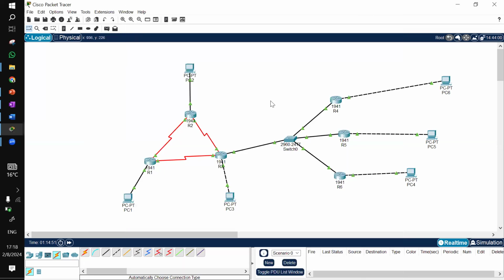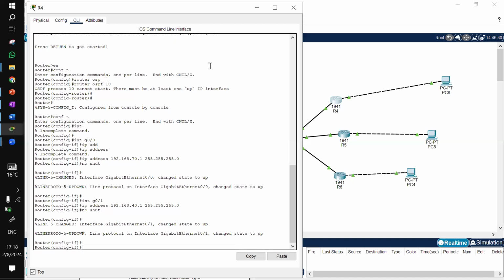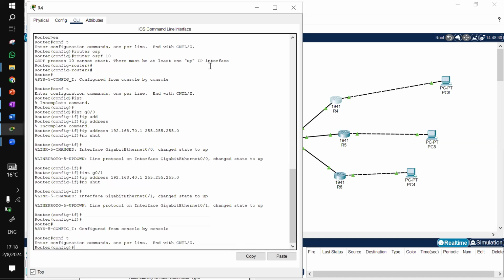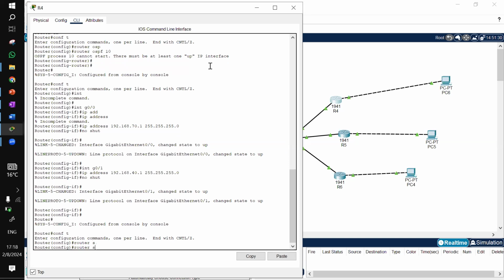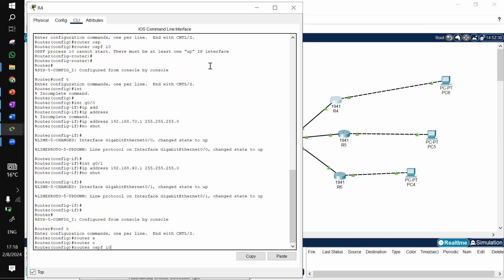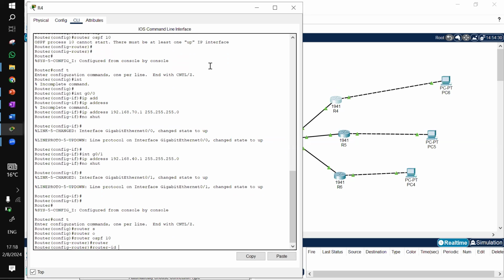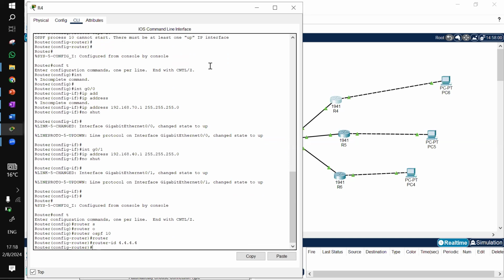No routing configured. Right. So to configure our routing, starting with this one, I'm going to try to do this quickly. Router OSPF 10, router ID that is 4444. Right. The networks I'm going to advertise.